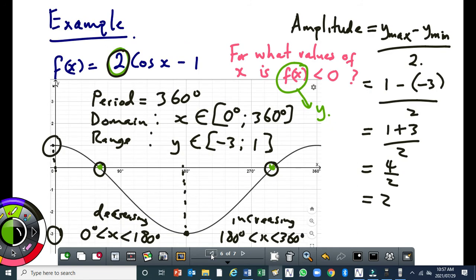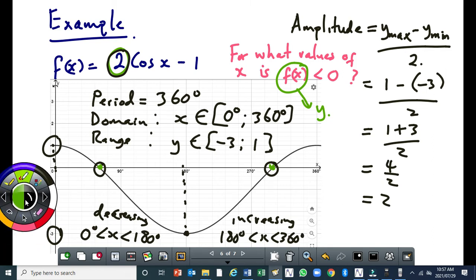You know what? Sometimes I feel like it's just good to do math with understanding. Right? You see here we have got 90 degrees. This is not an asymptote. That's 180. This is what? 270.